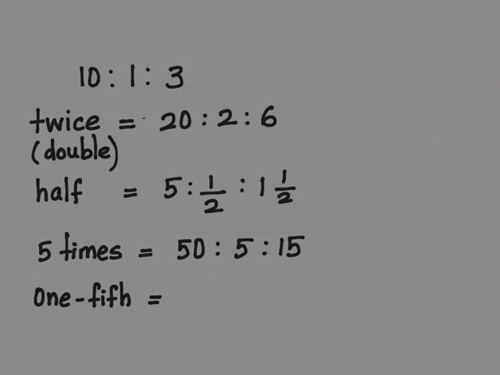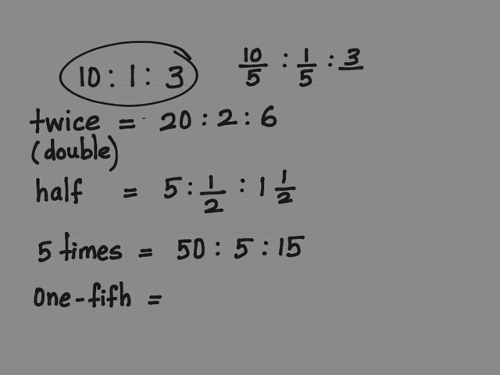Next, let us find 1/5 of the first ratio. For that, you have to divide the first ratio by 5. So 10 by 5 is to 1 by 5 is to 3 by 5. What is the value of 10 by 5? How many 5s go in 10? 2.